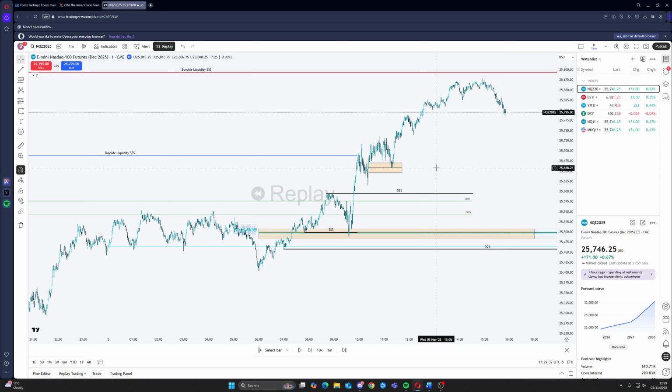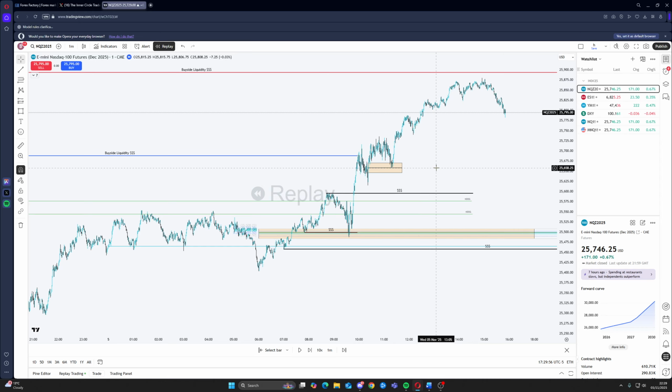Now I'm improving on looking for one direction with the implementation of AMDX, AMD. The second thing is knowing the time to enter, and that's only going to be around or in the macros or the opening range, right?